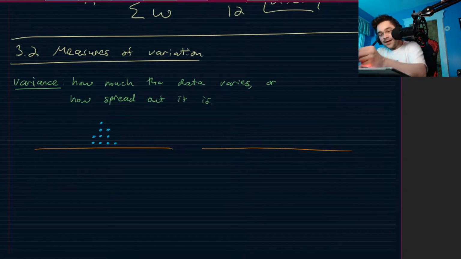Okay, so I've got one data set here where it looks like the data is pretty close together, right? And maybe I'll have another data set here. I'll have the same number, 1, 2, 3, 4, 5, 6, 7, 8, 9, 10. So that one had 10, so I want this one to have 10 as well.